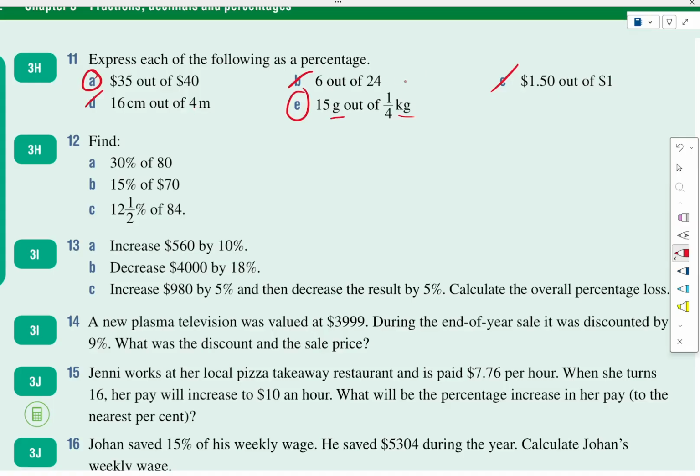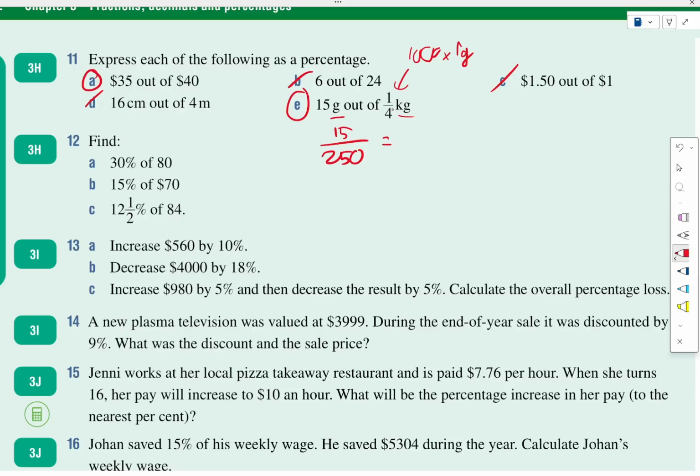Oh, 1,000. The K is 1,000 times a gram. Oh, 6%. Nice. 6%, right?